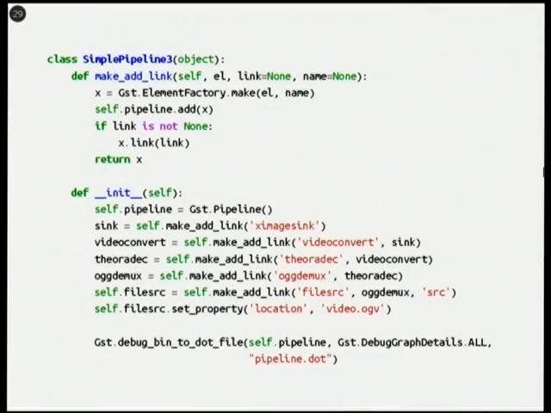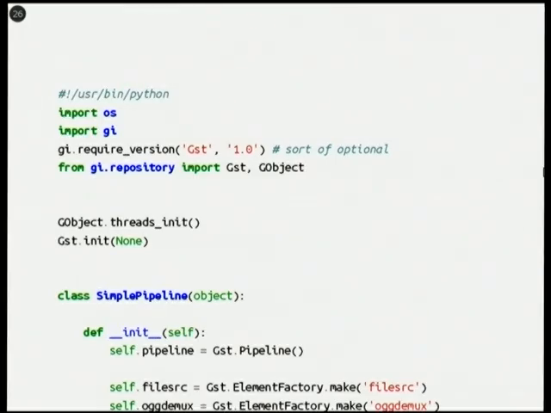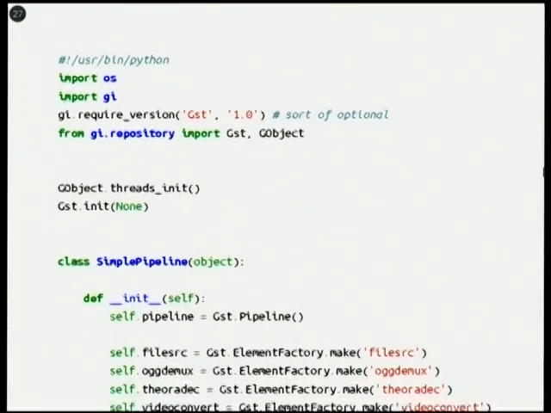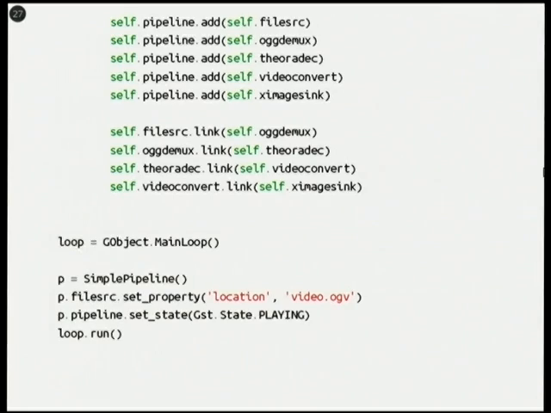Another way to do it is to make a helper function that does all the various steps that were up there somewhere. All of this stuff, you can just make it do them all in one go.